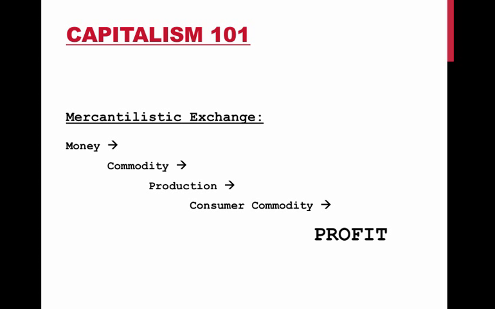So part of this logic is about trying to find efficiency in the process, to be able to find the cheapest capital good or consumer commodity, to find the cheapest kind of production process possible, to then produce the most amount of commodities.